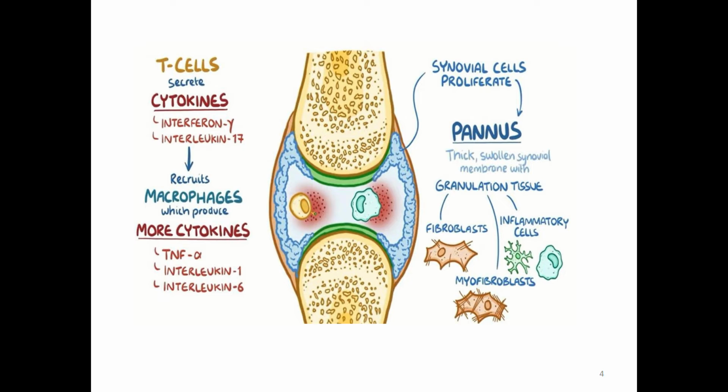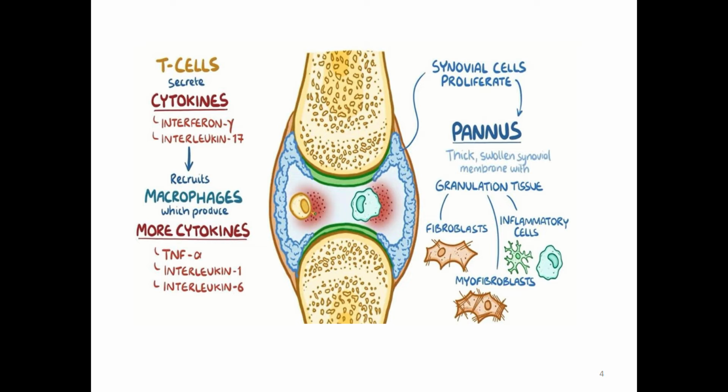Which are used to produce more cytokines. As you can see here, these are the examples where it makes a complex, right? So there is a complex of TNF alpha, interleukin 6. Okay, so here you can see that in this structure pannus is formed. Pannus is what? Pannus is nothing but the swelling of that fibrous joint capsule.